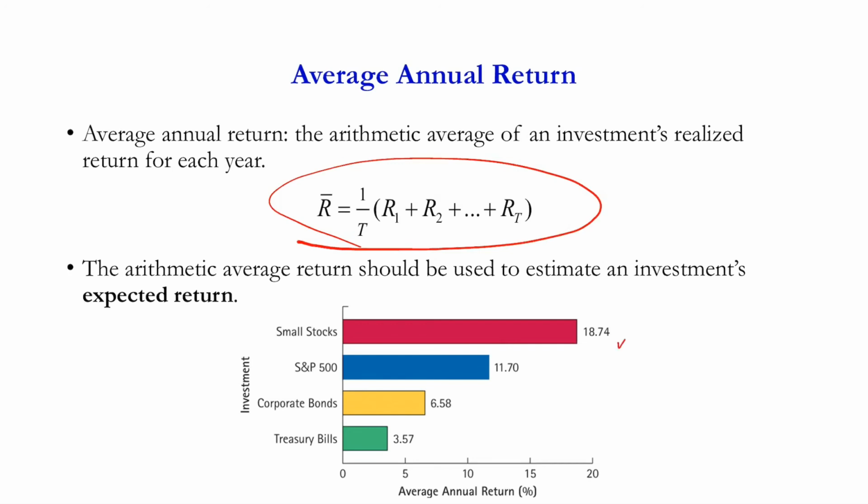Small stocks had the highest return over this 90-year period of time that we saw previously, from 1925 to 2015. The next highest return is by a portfolio of large stocks, and then corporate bonds, and then treasury bills.